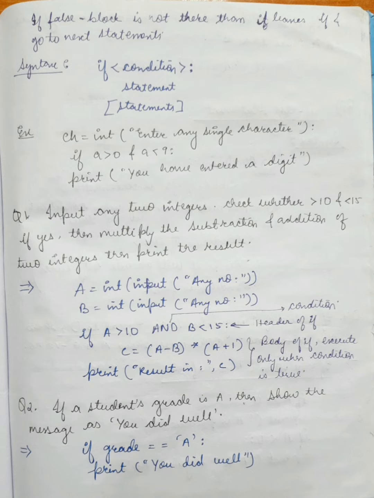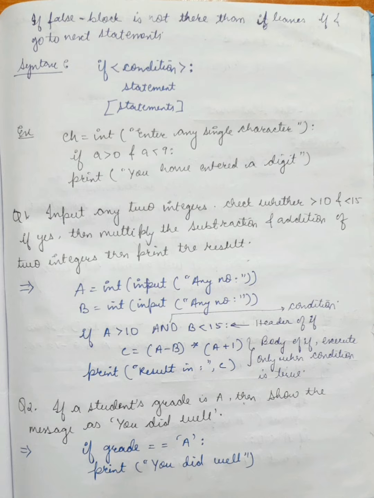And here is one example, one question: input any two integers, check whether the first is greater than 10 and the second less than 15. If yes, then multiply the subtraction and addition of the two integers, then print the result. So here a = int(input("any number")), then b = int(input("any number")). Here we have to input two numbers.